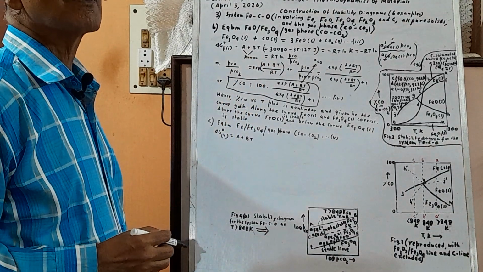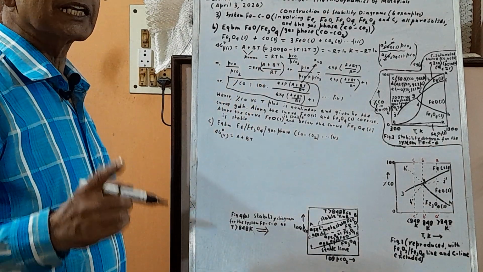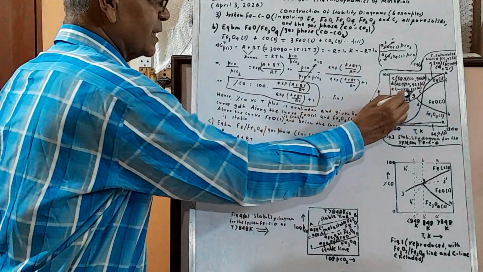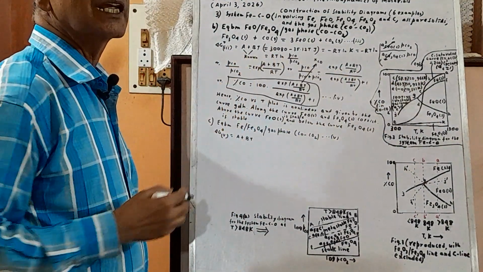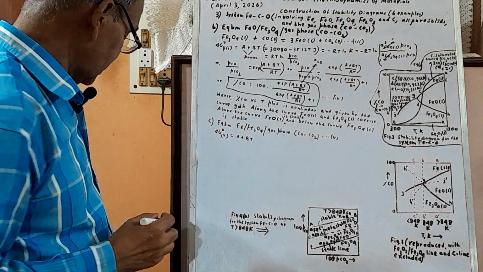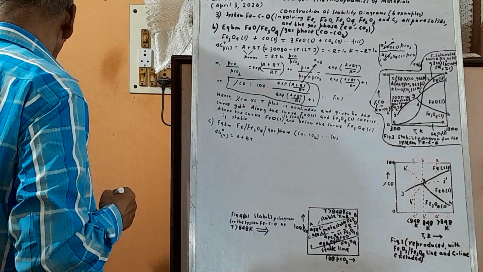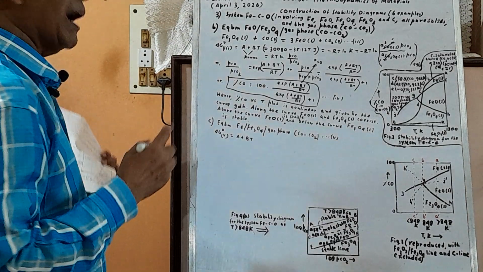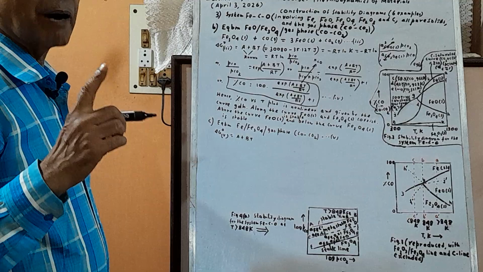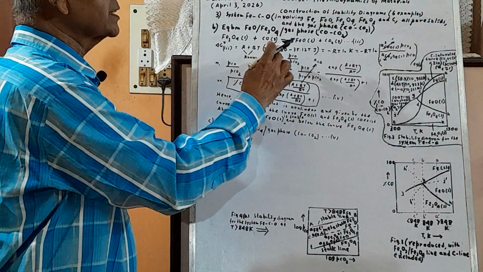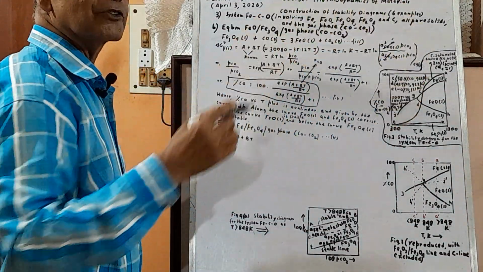Delta H0. If you check the last case, it was negative. If you ask me the value, I can give you: minus 17,230. Exothermic.